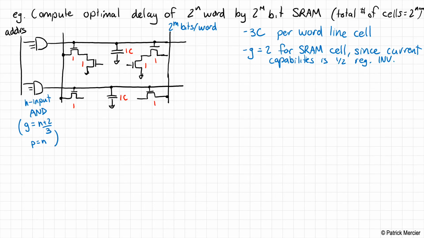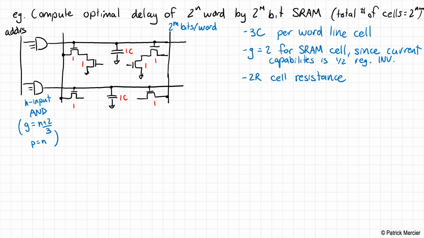Now, of course, the reason we do this is for density reasons, it's not optimal from a logical effort perspective, but it is for density reasons. In addition, we have 2R of cell resistance, right? We have 2 NMOS transistors in series. They're both of size 1, and so therefore their total resistance in series is equal to 2.